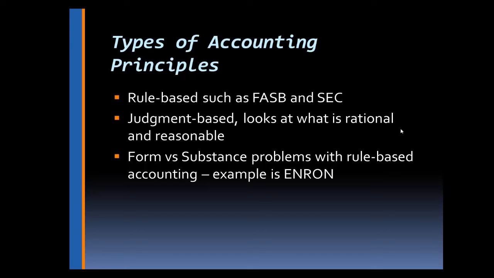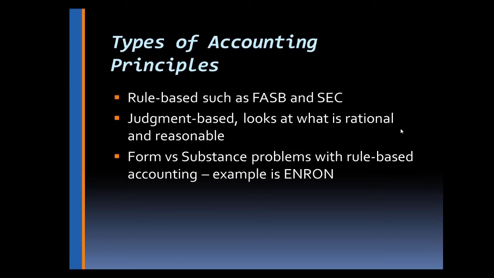Enron is a perfect example of the abuse of the application of FASB regulations. In many cases, if you looked at the Enron statements, they complied with the FASB rules.